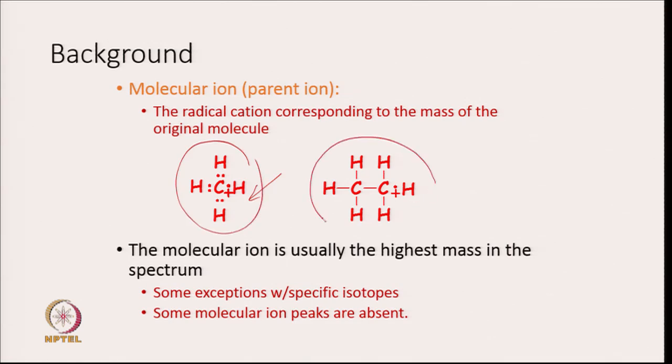Similarly, in the case of ethane, this radical cation is your molecular ion. The molecular ion is usually the highest mass in the spectrum. Exceptions are when isotopes of higher molecular weight are present, and in some cases molecular ion peaks are absent.